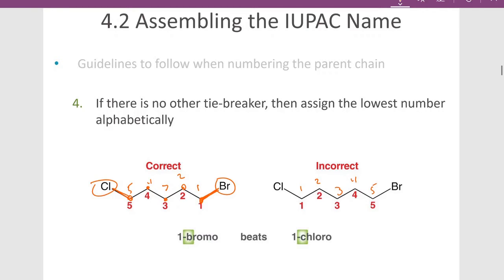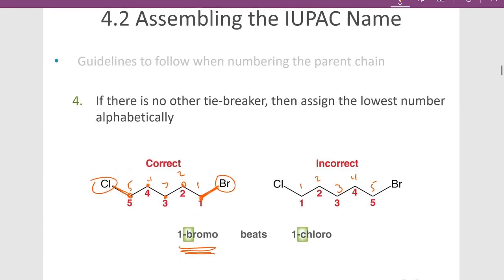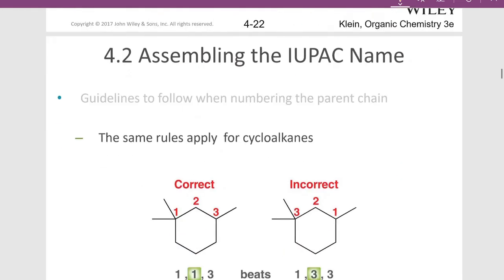Since B comes before C in the alphabet, we're going to use the numbering on the left because that's going to give bromine the lower number. It just looks better to say 1-bromo-5-chloro than to say 5-bromo-1-chloro, right? That's the correct way to do it.